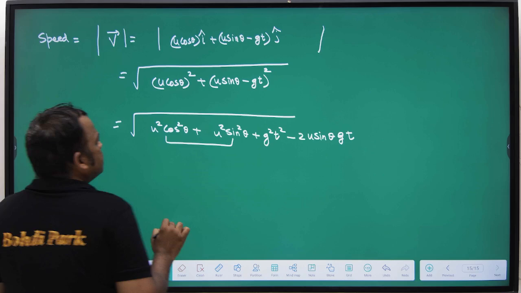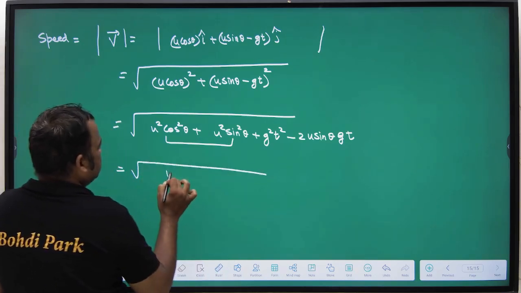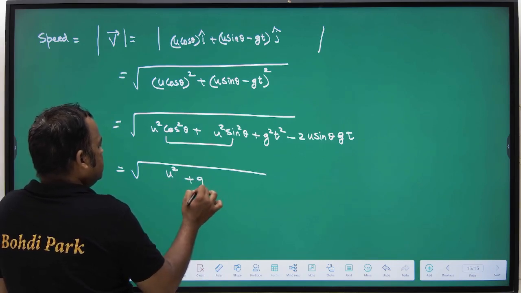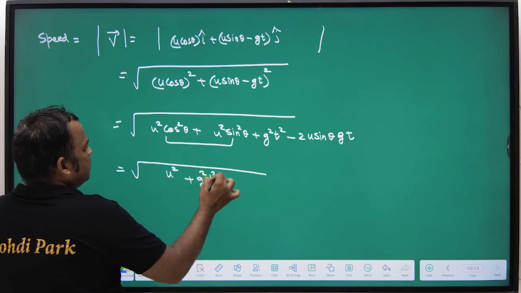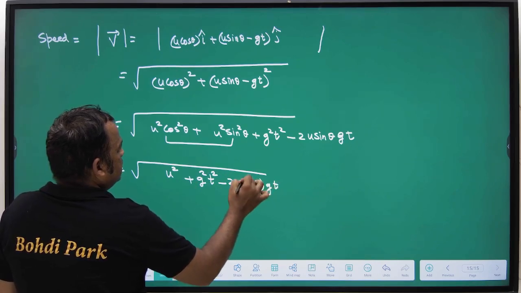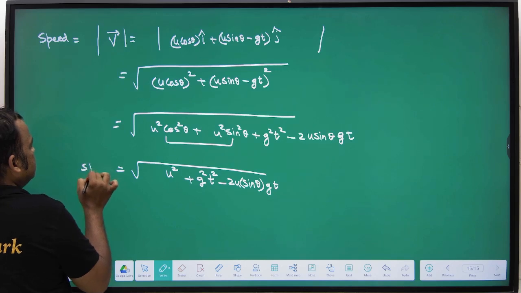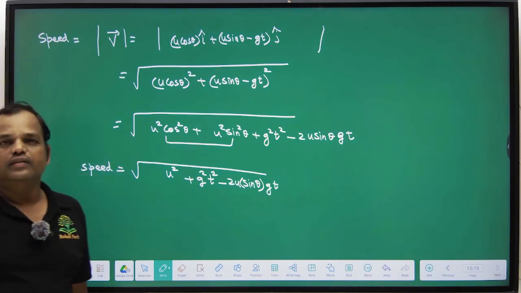U square cos square theta plus u square sin square theta will become u square. So this is our answer, square root of u square plus g square t square minus 2u sin theta into gt. So this is the instantaneous speed after time t.